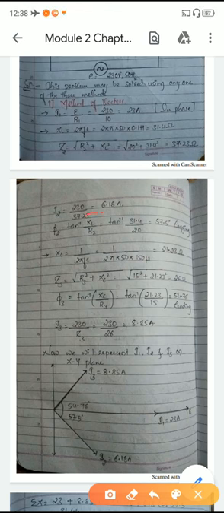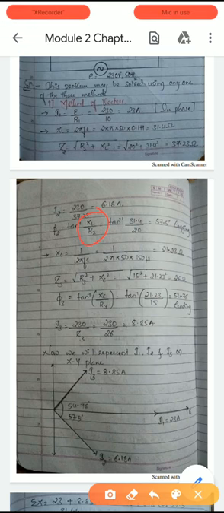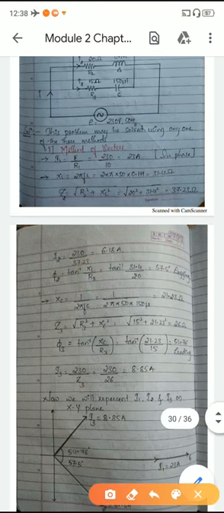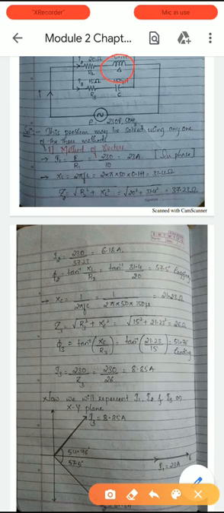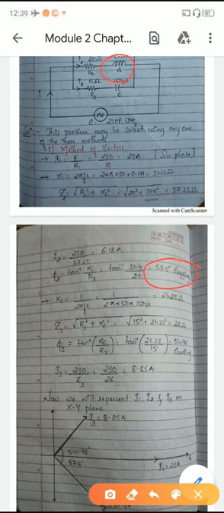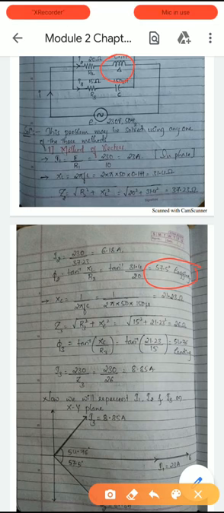Here the imaginary part is XL and the real part is R2. Therefore it is tan inverse of 31.4 divided by 20, which is 57.5 degrees. And one more thing: this circuit consists of an inductor, hence the current will always be lagging the voltage by an angle of phi. Here phi is 57.5, therefore it is lagging by an angle of 57.5 degrees.